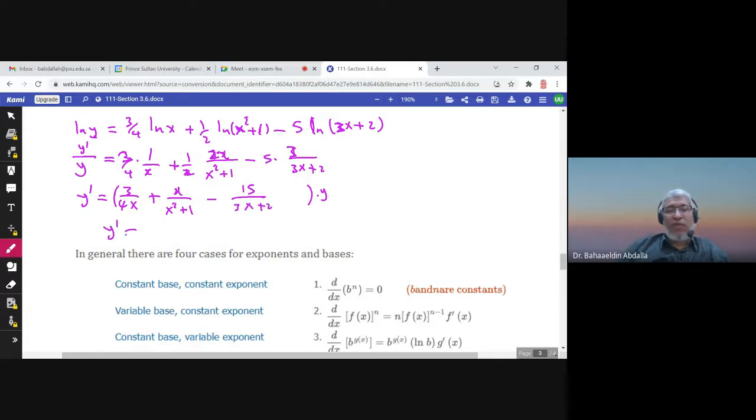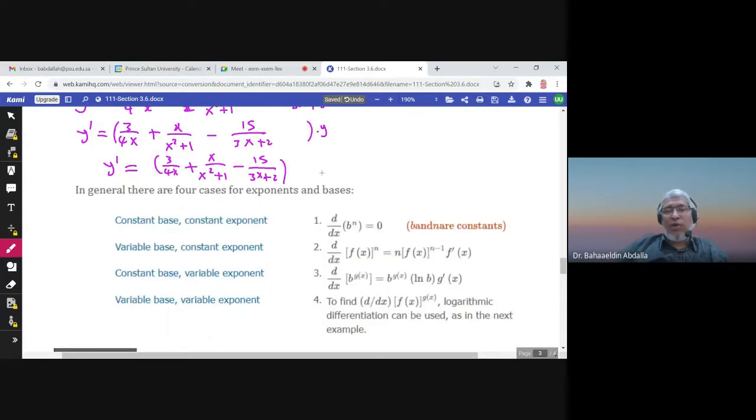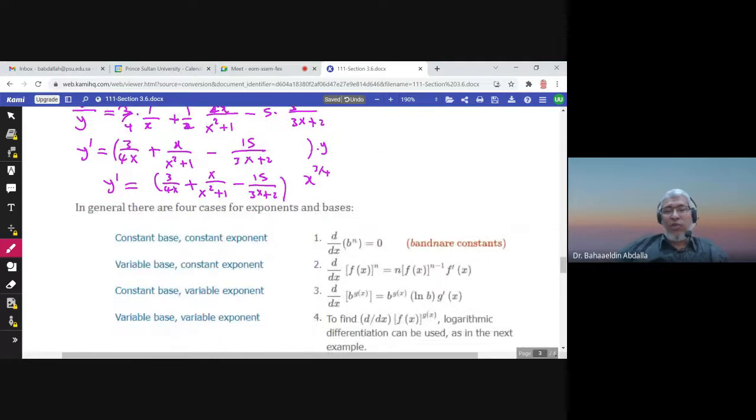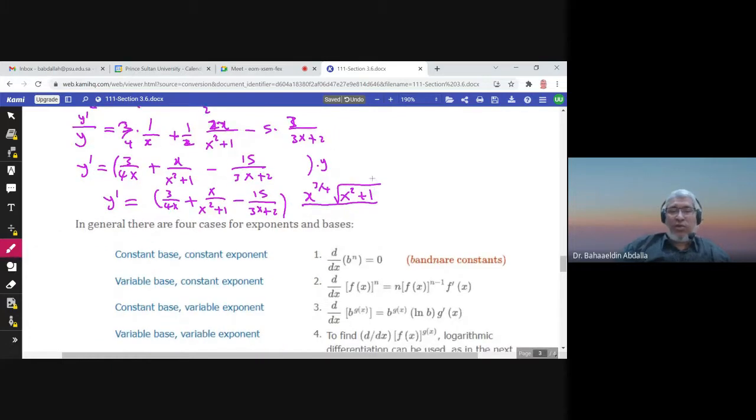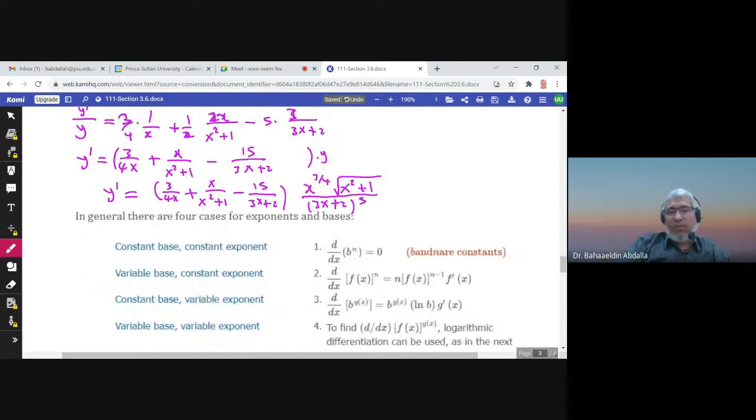And finally, I can write y prime as 3 over 4x plus x over x squared plus 1 minus 15 over 3x plus 2, times y, and y is originally x to the power 3 over 4 times square root of x squared plus 1 over 3x plus 2 to the power 5. So this would be the derivative of this function using logarithmic differentiation.